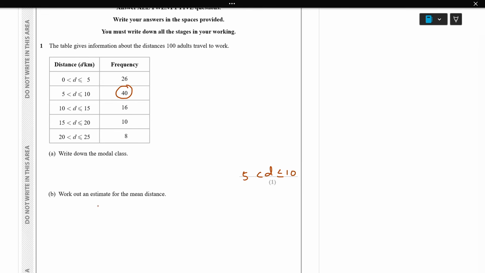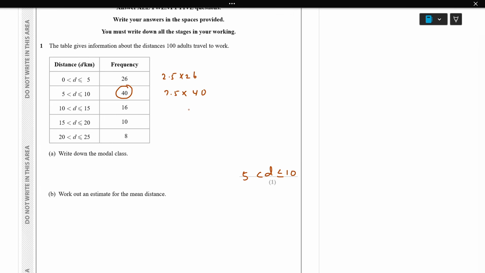Work out an estimate for the mean distance. So we are going to find the mean. First we need to take the midpoint. For 0 to 5, the midpoint is 0 plus 5 over 2, which becomes 2.5. So 2.5 times 26. Then here is 7.5, so 7.5 times 40.